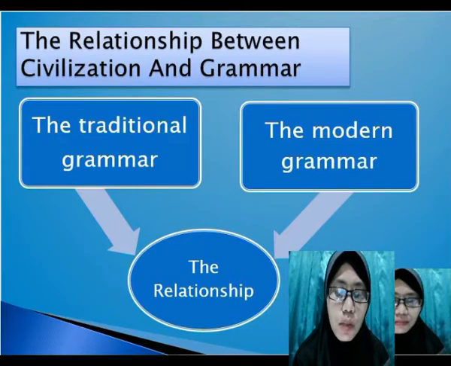However, the most prominent traditional grammarians began writing in the 18th century, when English developed as a separate language. However, it is important to note that the principles of Latin grammar are the main basis of traditional English grammar.